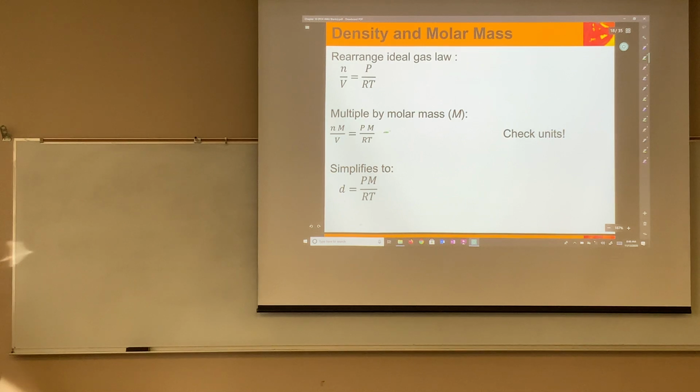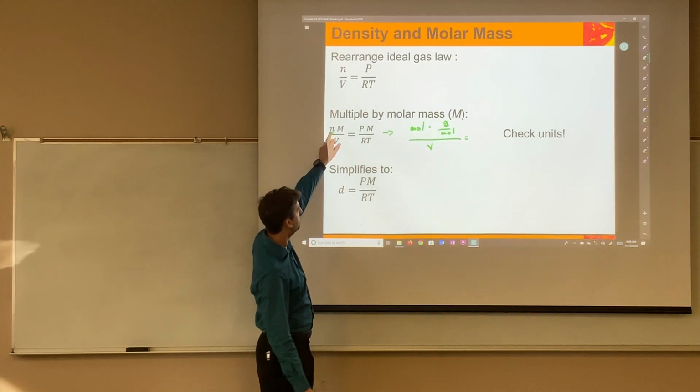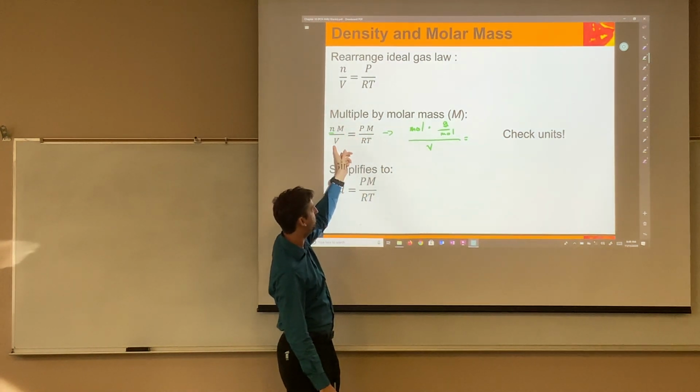Let's take a look at this for just a second. I'm going to expand the units here. Moles, and molar mass is grams per mole. Volume is volume, so we pick whatever unit we want. Looking at this side of the equation: moles, grams per mole, and volume.